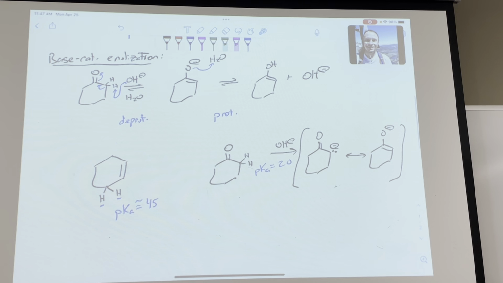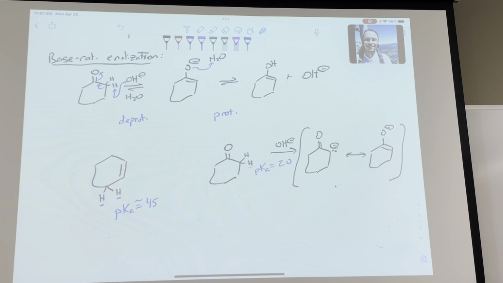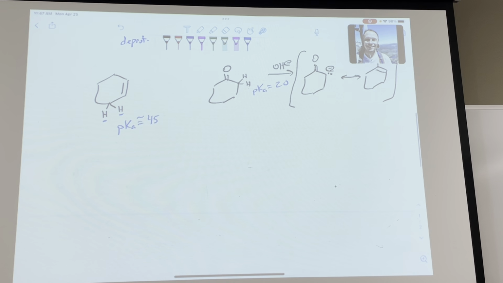Oh, by the way, it's a totally random topic, but it just reminded me of something that I saw on exams more than I think I should. Whenever you're drawing a mechanism, just for the record, if you're trying to protonate a carbonyl, for instance, which we very often do in this class, when you're drawing your arrows, I saw a lot of people do this.